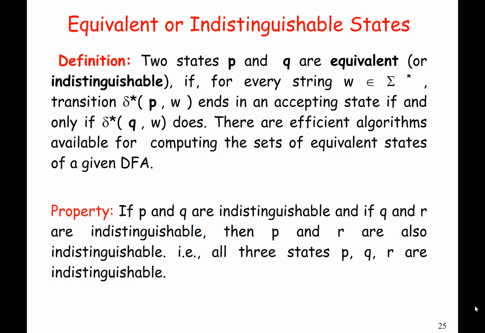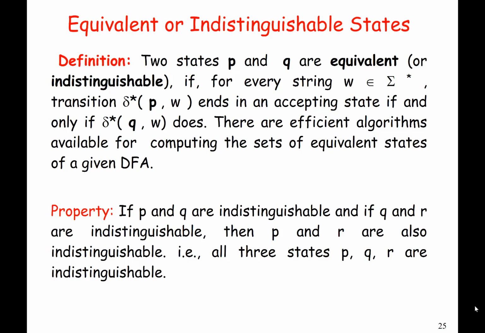So we define a process by which we can construct a DFA with the minimum number of states. Any DFA given may have more states than required. We can combine or compact them into a smaller equivalent DFA.